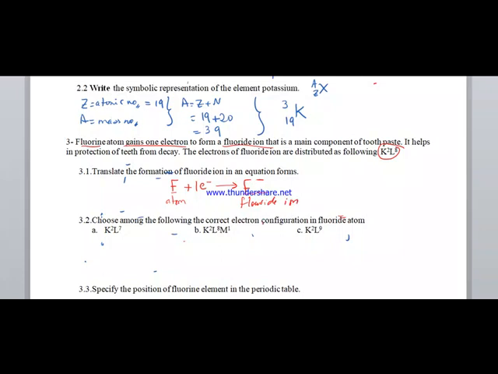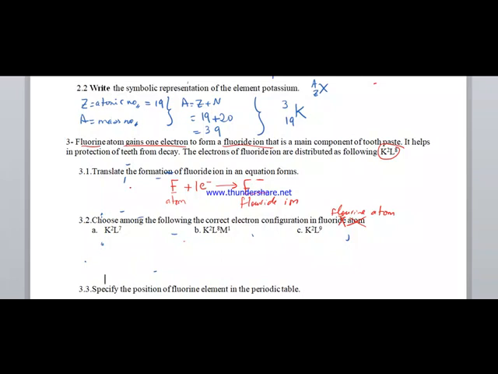Choose among the following the correct electron configuration in the fluorine atom. Option B is an incorrect one. This is the correct one.